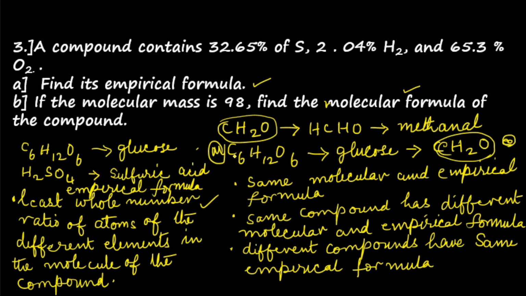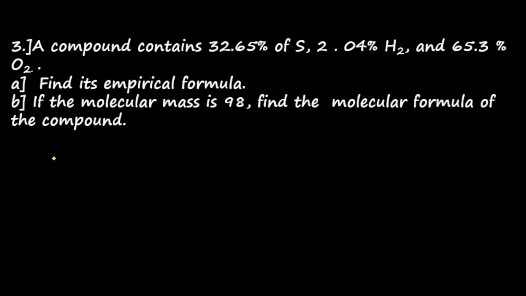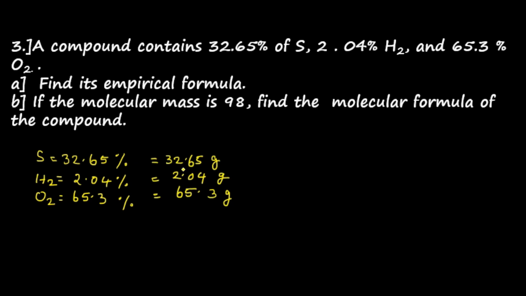Now that you have understood what is empirical formula, we will proceed to do the problem. What are the details that are given? First step is converting this into grams. So we will simply write this in grams. Sulfur 32.65 gram, hydrogen 2.04 gram, oxygen 65.3 gram. Divide this by their respective atomic mass.